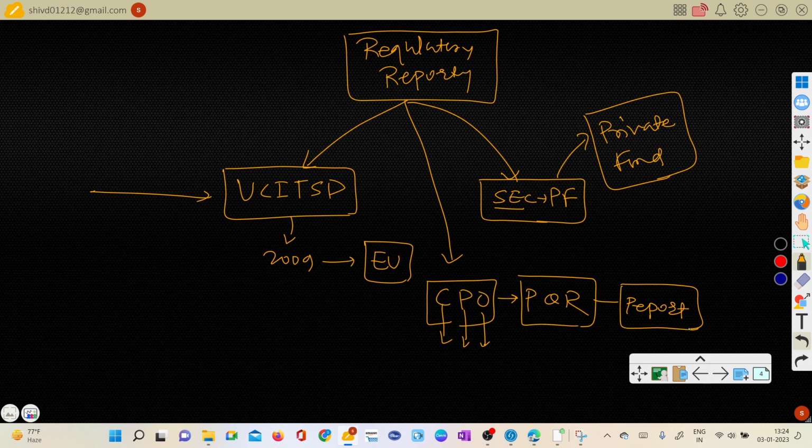They can actually loot people in different ways, and that's what makes it very important that a regulator closely monitors each and every activity. Those are like controlling checks. But here I just wanted to tell you that all these reports and activities come under regulatory reporting. Financial reporting is not regulatory reporting; both are different reportings. Okay.